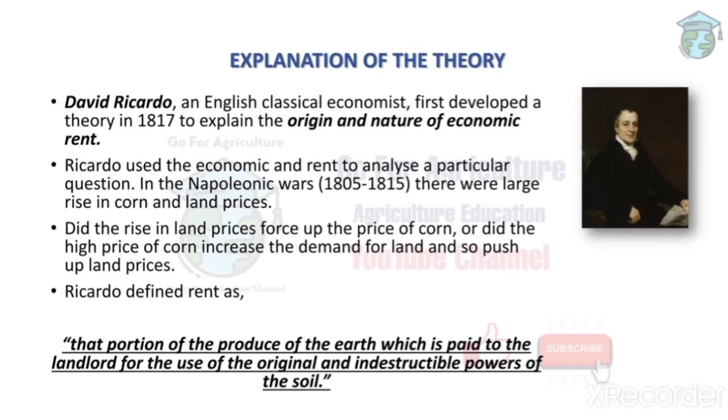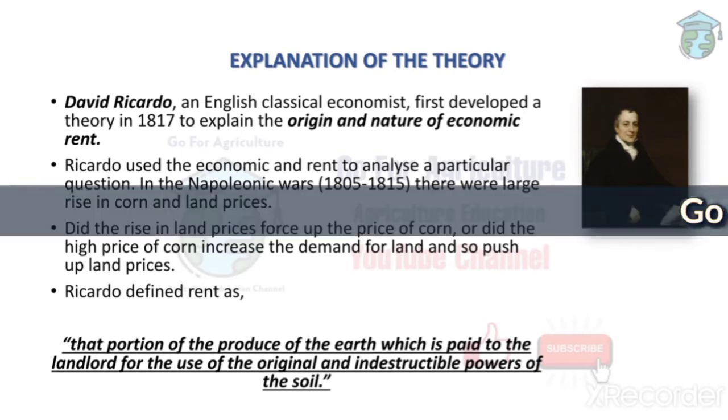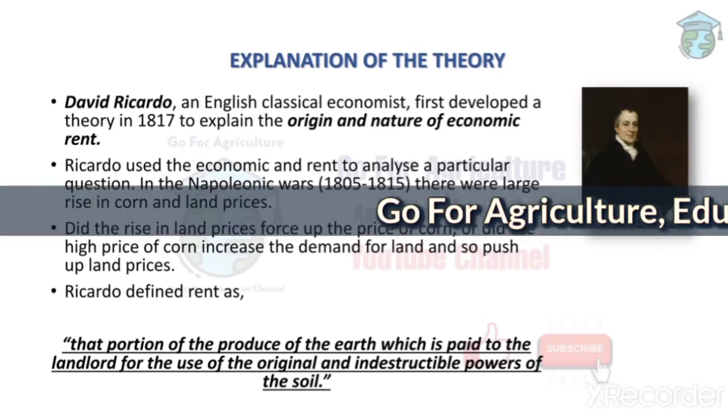the produce of the earth. The produce of the earth means land. The portion of the produce of the earth which is paid to the landlord. In a particular piece of land there will of course be owners, and we call the owners of that land the landlord.